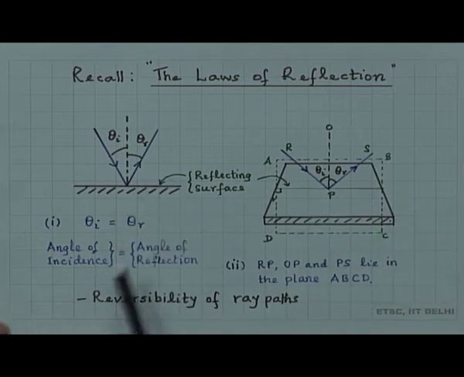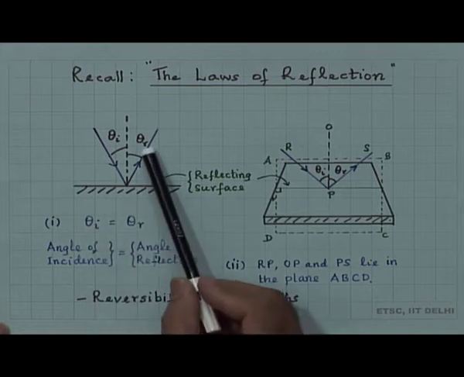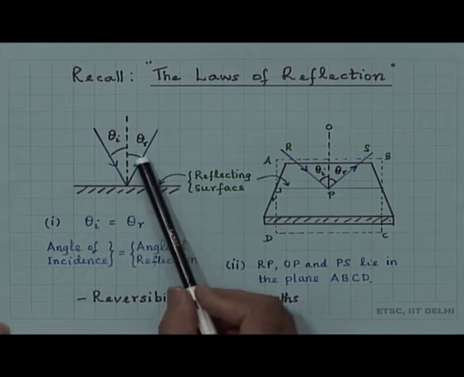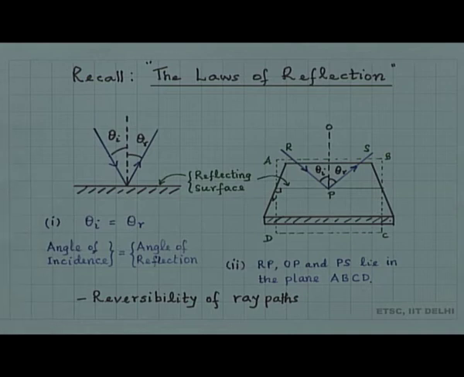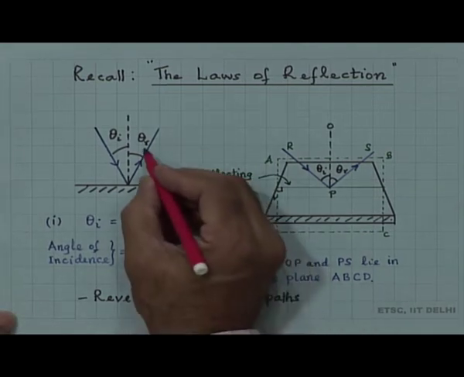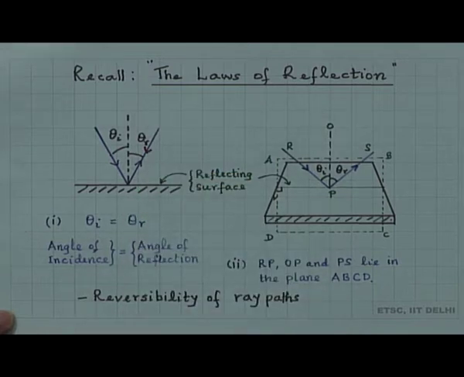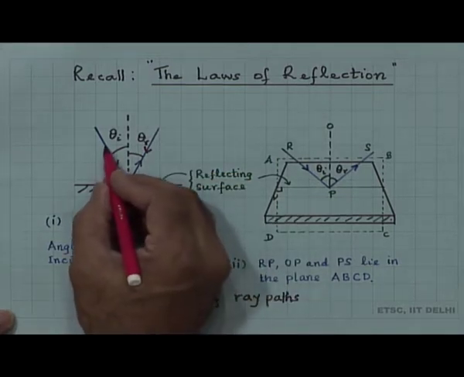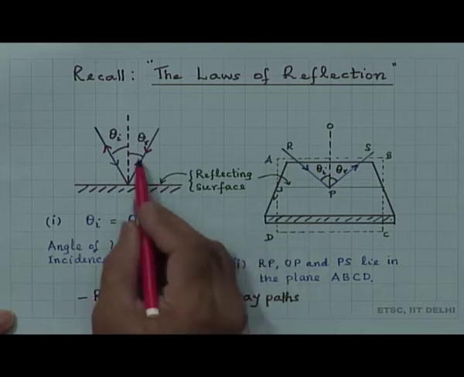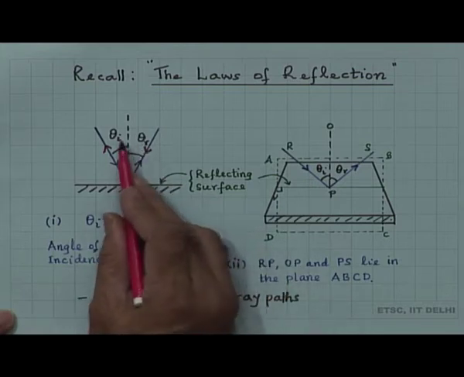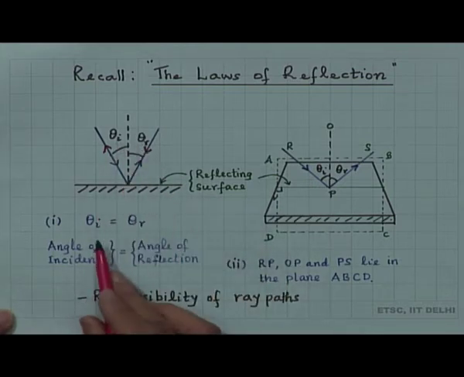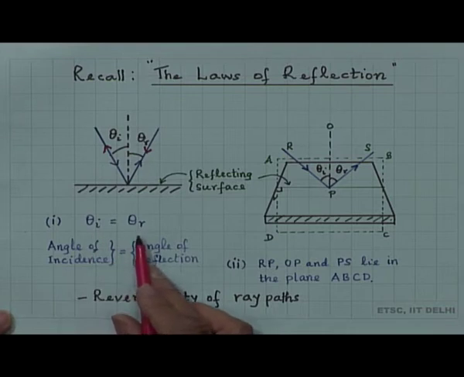Now, an important point here is that if the ray were to reverse its path, that is, if the incident ray were to be like this, then the reflected ray would travel along this, because this would be theta i and this would become theta r, and anyhow theta i is equal to theta r.